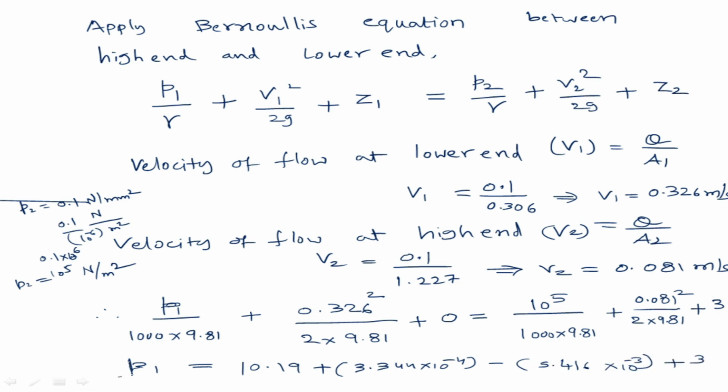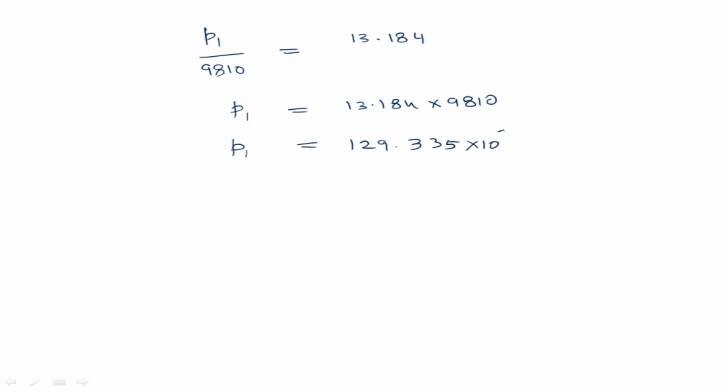This is P1 by 9810. P1 by 9810 is equal to 13.184. Therefore, P1 is equal to 13.184 into 9810, which is equal to 129.335 into 10 cube Newton per meter square.